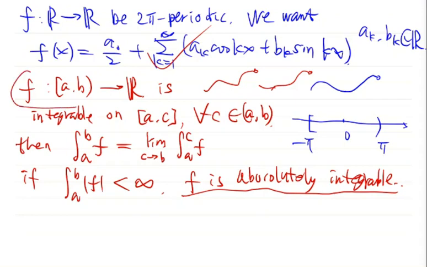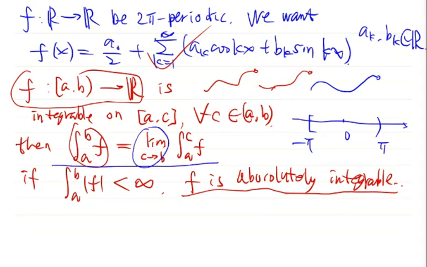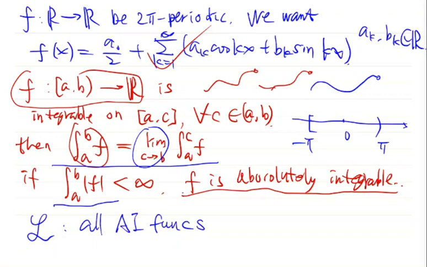The function might be unbounded. The integral is considered in this sense, by taking a limit. And if after taking the absolute value it is integrable, we say it is absolutely integrable. And we denote all such absolutely integrable functions on minus pi to pi by L1.